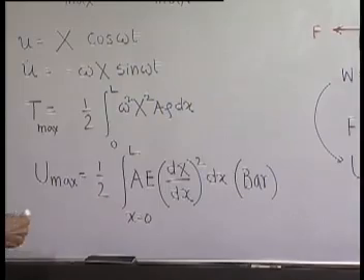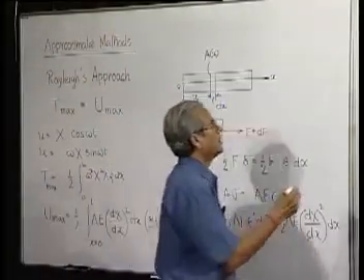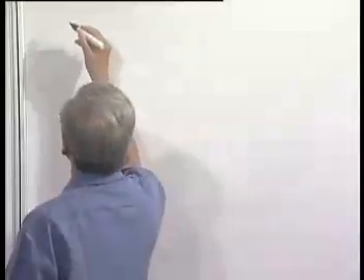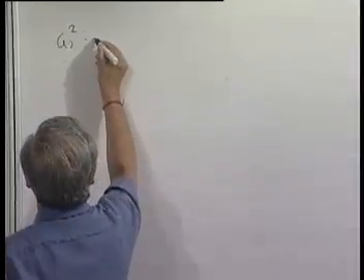Now what we find is that omega being the same for all the elements, omega can be approximately written as follows.